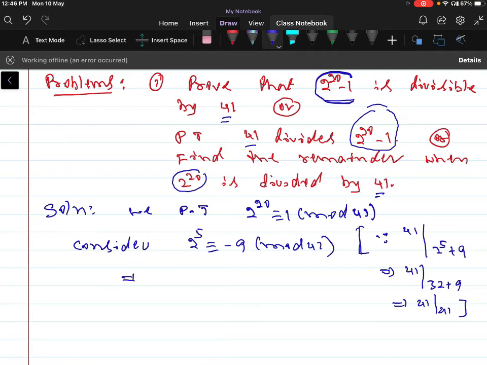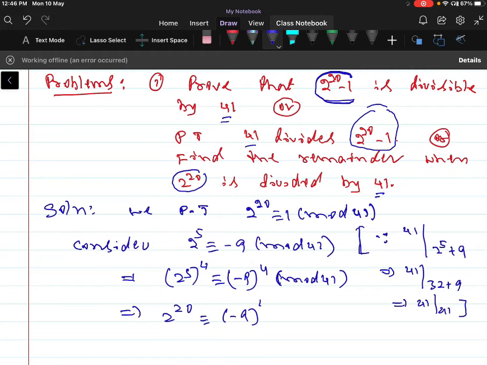This implies (2 power 5) whole power 4 is congruent to (minus 9) to the power of 4 modulo 41. So this implies 2 power 20 is congruent to (minus 9) to the power of 4 modulo 41.